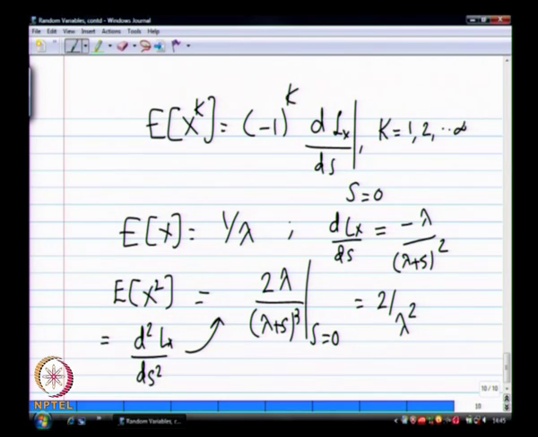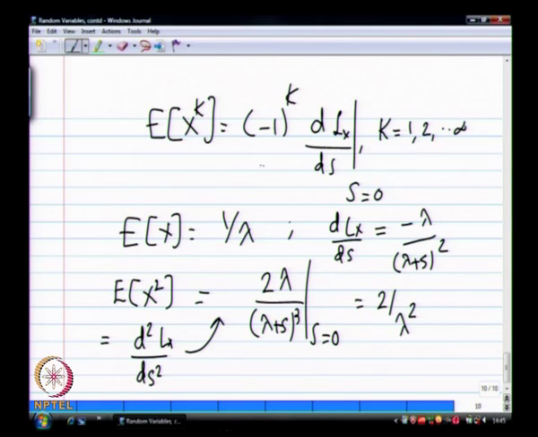So that is the purpose of using this, because the minus is now absorbed here. If this is the definition, with the minus 1 to the power k, when you differentiate lambda by lambda plus s you would get minus lambda by lambda plus s squared, and because there is a negative 1 when k was equal to 1, that negative got absorbed. But when I go to the second derivative, I get this. So this is for the kth derivative.